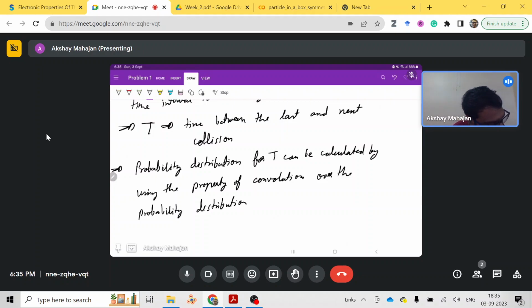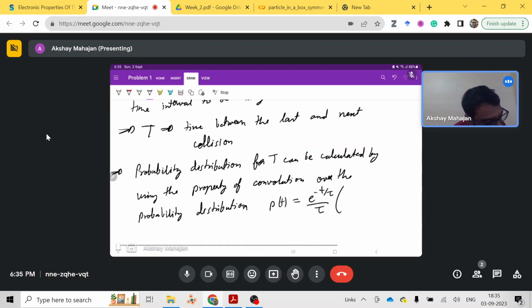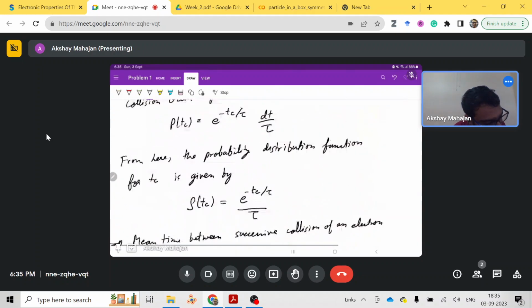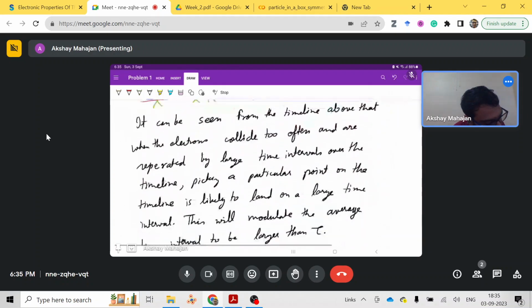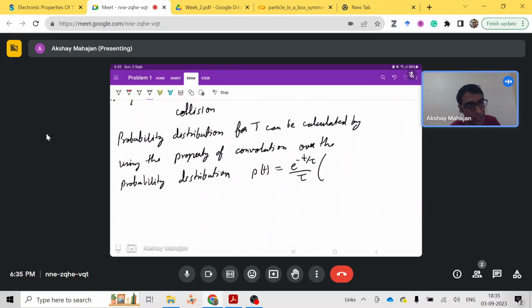This is P of t equals e to the power minus t by tau divided by tau, as we have used earlier in part D. This is the probability distribution we use for the time between collisions. So this is the result from D.